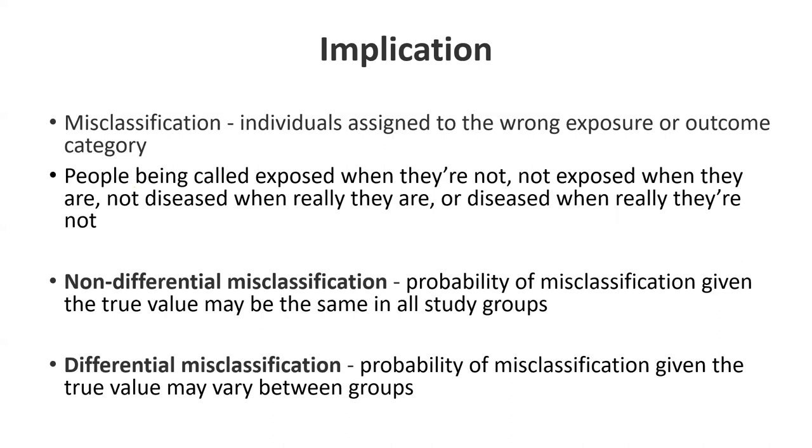I just want to highlight that you will need to read more about misclassification, because this is a very tricky concept. But when you talk of information bias, the implication is that it is going to lead to misclassification of the exposure status or the outcome status, and then this is going to have an impact on the effect estimates.